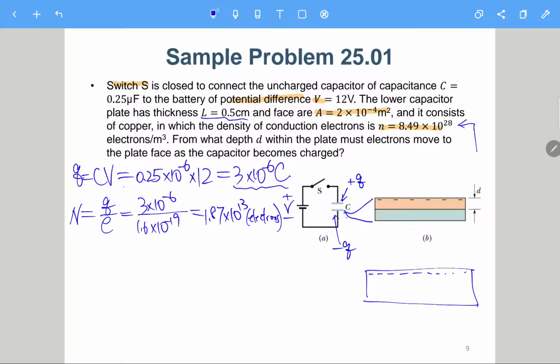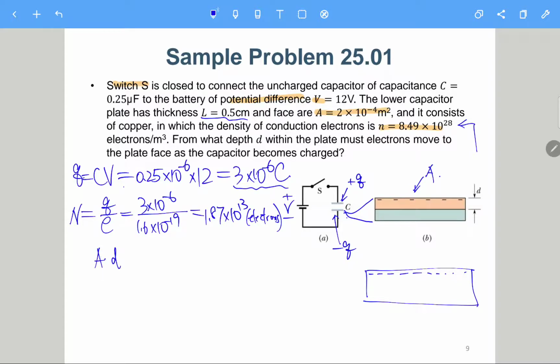So of course, this is d, and the surface area is A, so the volume should be A times d.